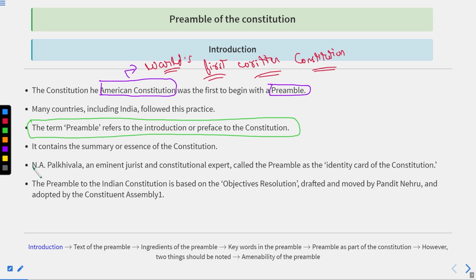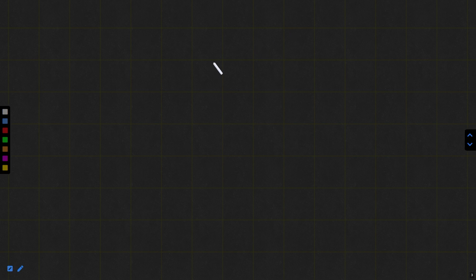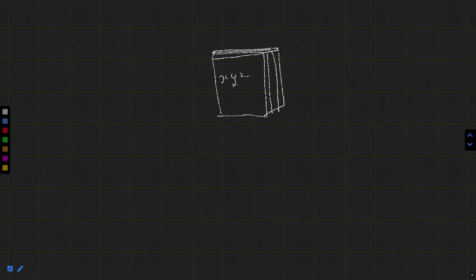So whatsoever we understand it, if we talk about any particular book, suppose this is a book, and suppose this book name is XYZ.